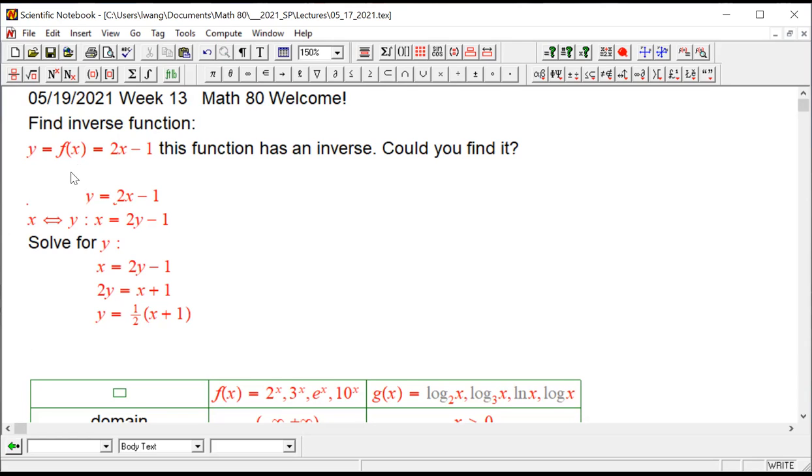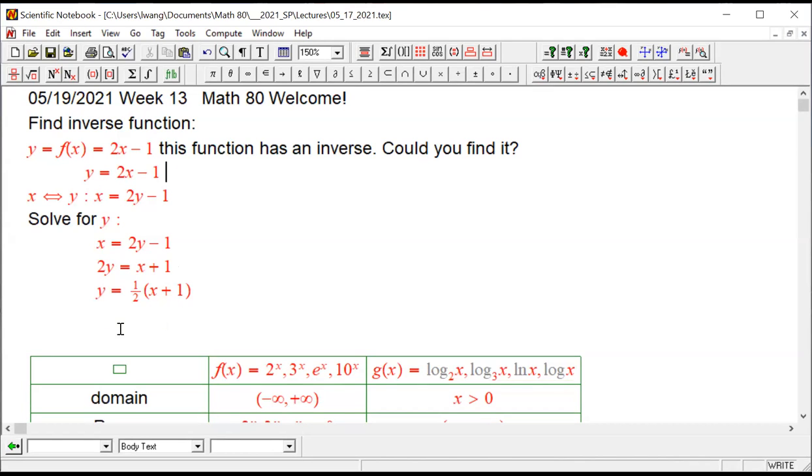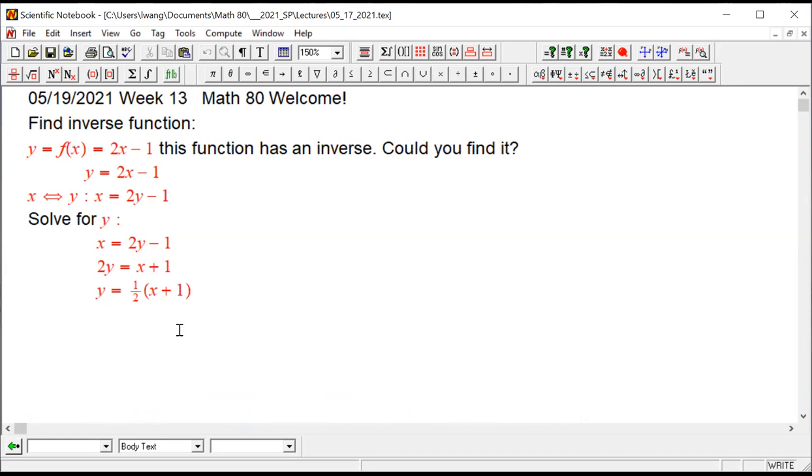Anyway, without further ado, we have talked about the general procedure to find the inverse. Once we find the inverse, this is the function, and its inverse is this guy. We're going to give it a name.